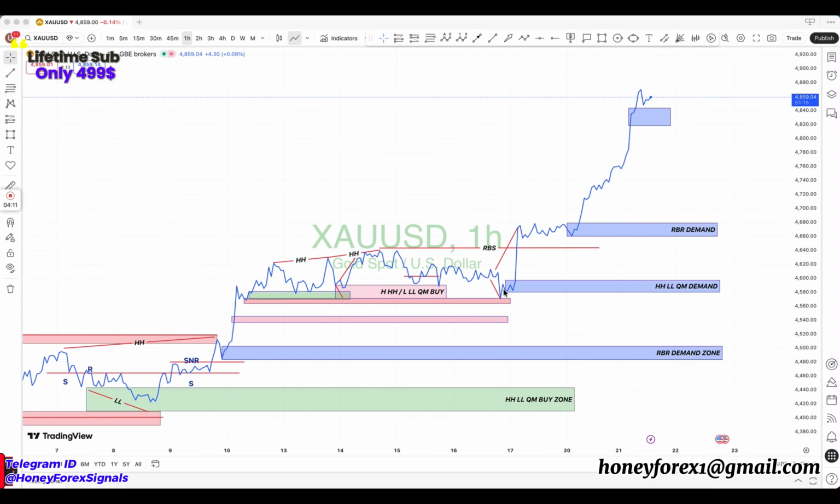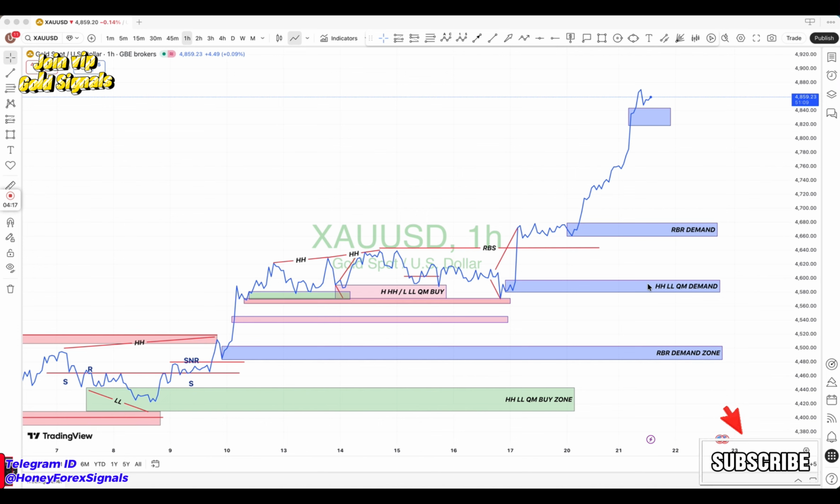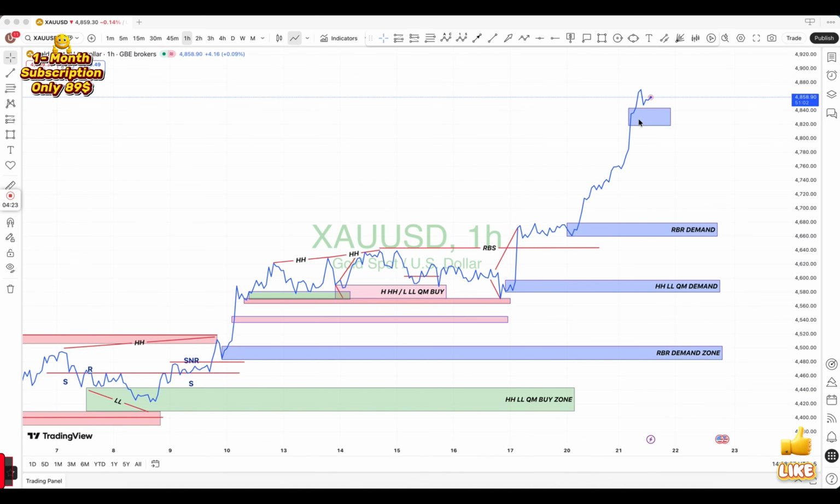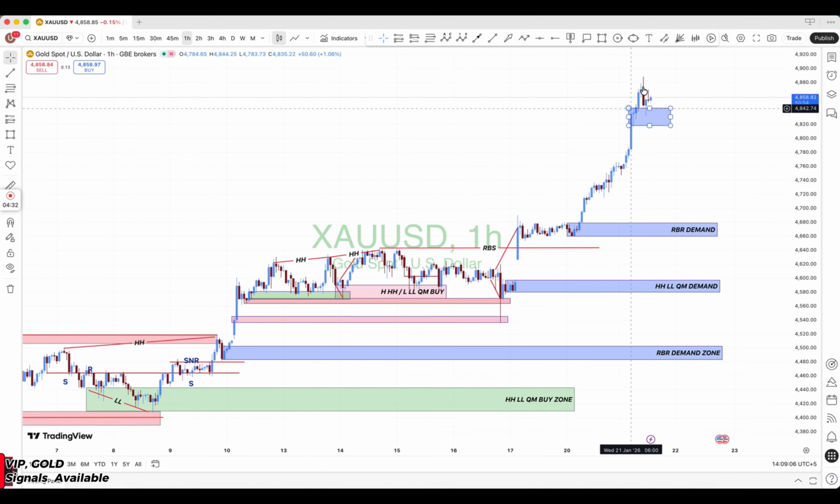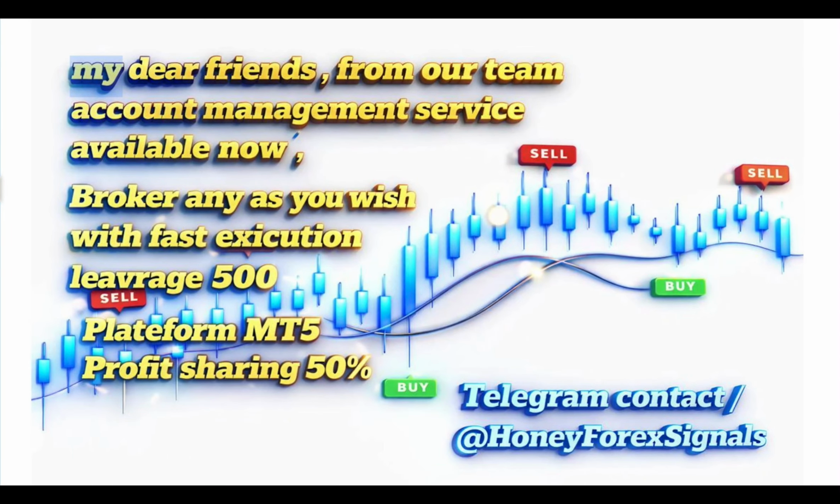And if we look here, this is a strong support area. Market made here higher high, lower low, QM. And this is our second demand zone, and this is our third demand zone. But market not yet passed and break down first demand area, but made here bearish engulfing. Now we look at the chart.